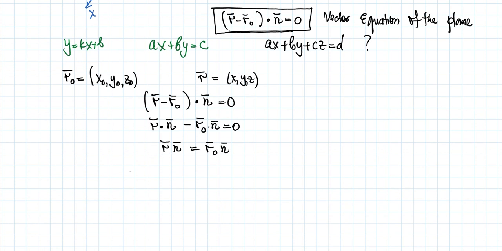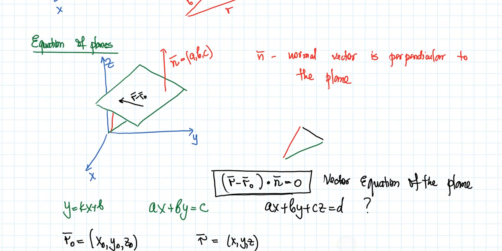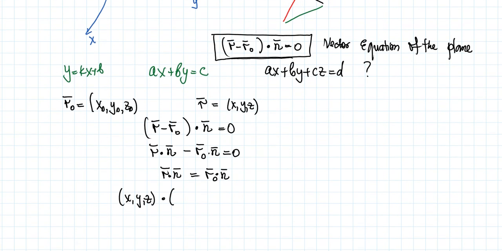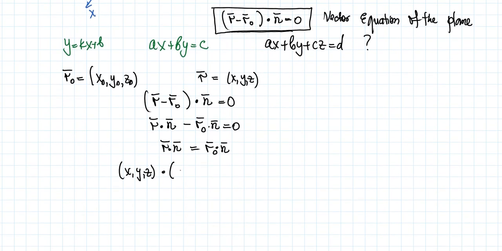Okay, so let's write down the vectors component-wise. The vector r has the components x, y, and z, and is multiplied as a dot product by the vector n. The vector n is a normal vector. It has the three components a, b, and c. At the same time, r0 has the components x0, y0, and z0, and n again has the three components a, b, and c.